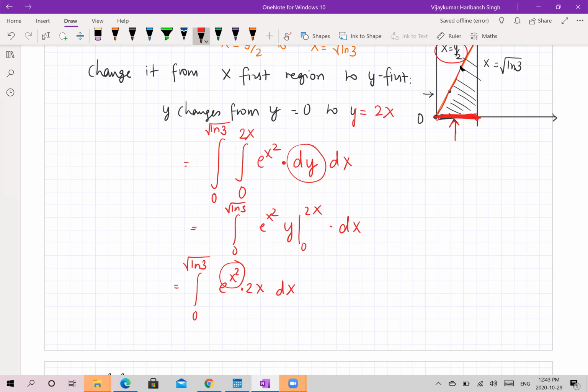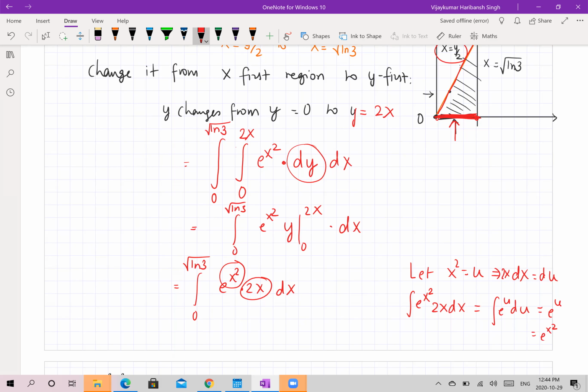Well, if this 2x was not there, we wouldn't have been able to integrate it. But since it is there, let x squared be u. So this implies 2x dx equals du. If I want to compute the indefinite integral, this is simply e to the u du, which is e to the power u, which is e to the power x squared.